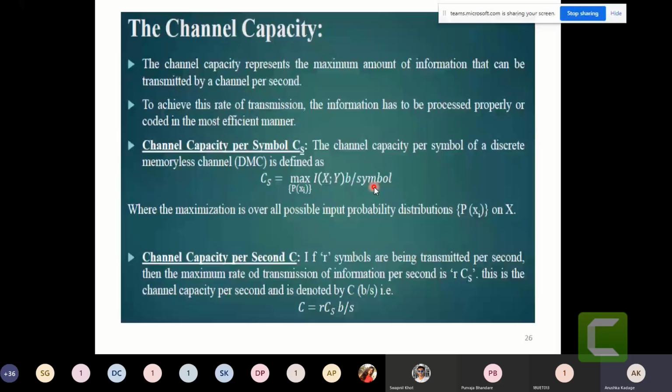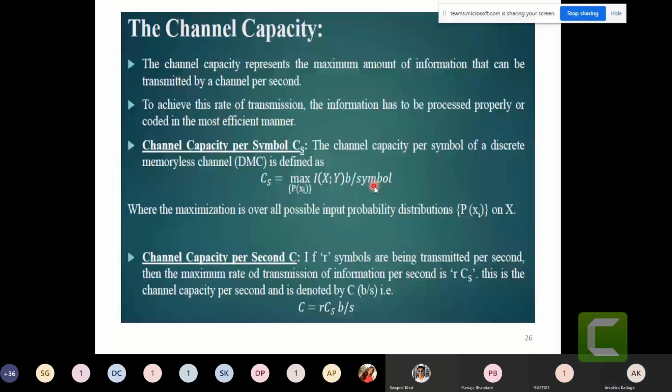If I am saying that a channel is able to transmit 100 symbols per second, and each symbol consists of 3 bits, then the channel transmits 100 symbols into 3 bits per symbol, which gives you 300 bits. So 300 bits per second transmission.